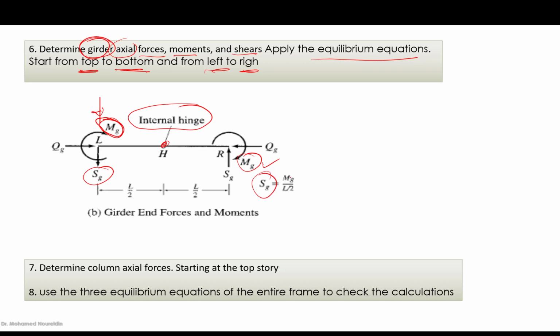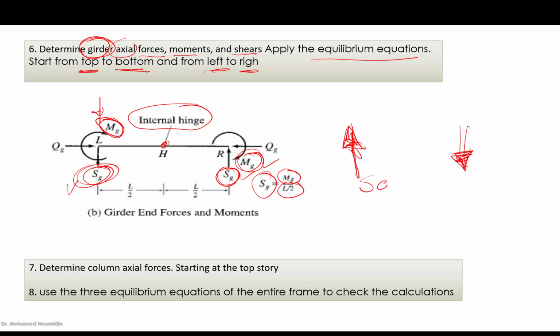And taking the moment here, the moment here should be 0, then we can obtain SG. So SG is going to equal MG over half of the girder length. Okay, from here we can obtain SG, and SG, as you can see, they are opposite to one another. So this is in this direction and the other one in this direction, because they should be equal in magnitude but different in sign.